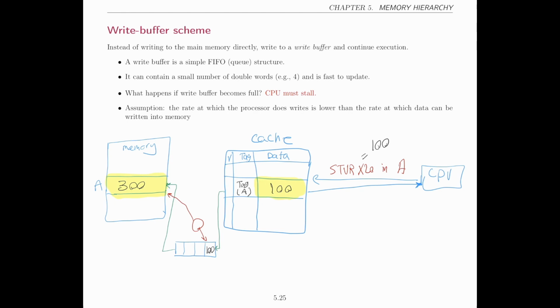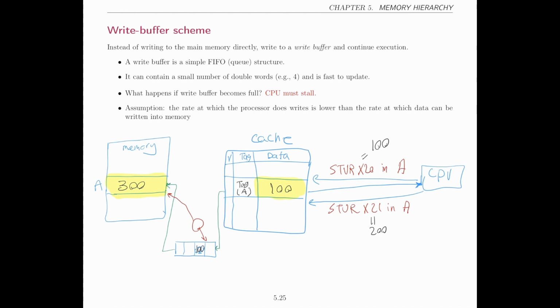This writing to the buffer is going to happen at some point in time. If another store comes, this will be delayed, right? So the memory is going to get updated with some delay. If some time goes by and then there is another store, let's say the next instruction is another store, this new store is going to be added to this buffer, right?